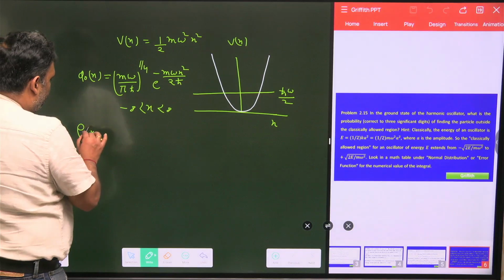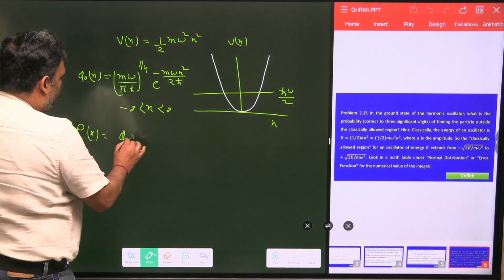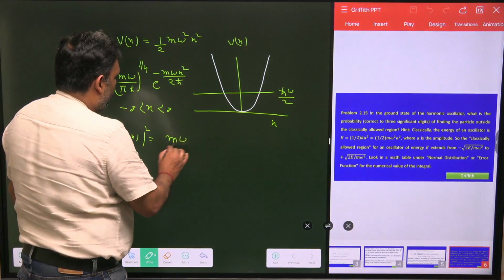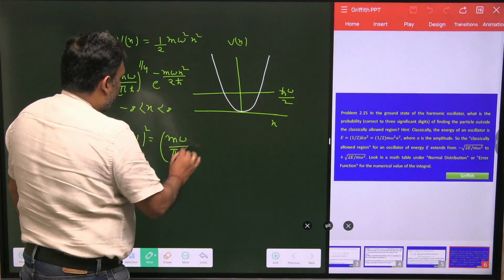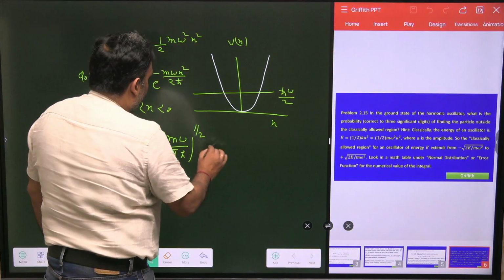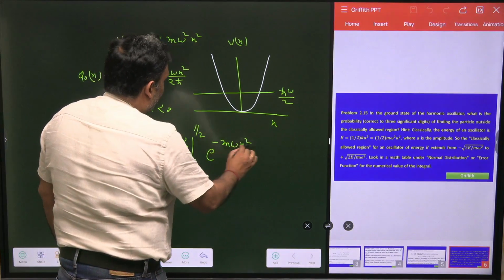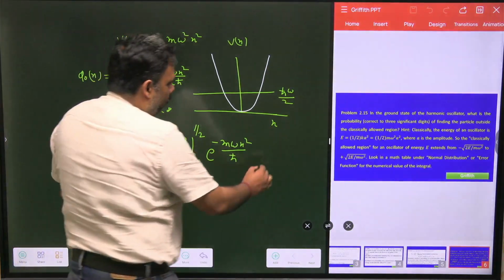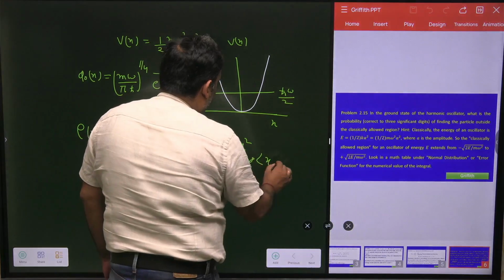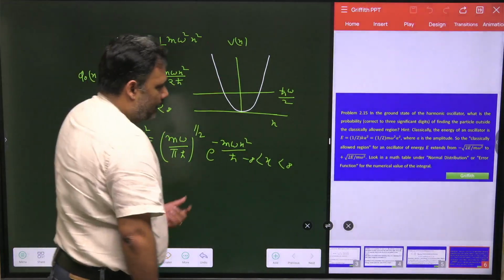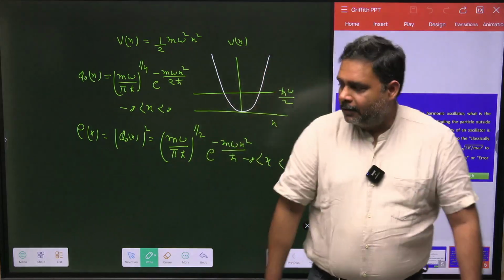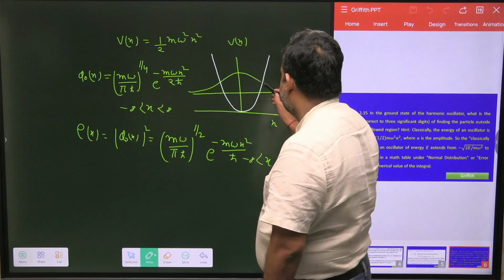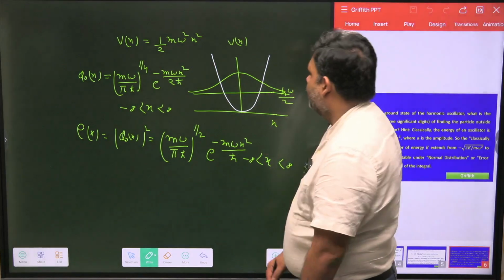The probability density rho(x) is equal to mod phi naught x square, which is equal to (m omega upon pi h cut) to the power 1 by 2, e to the power minus m omega x square upon h cut. So we have to take care of this. This is our probability density, from minus infinity to plus infinity. Once we plot this probability density, it looks something like this.